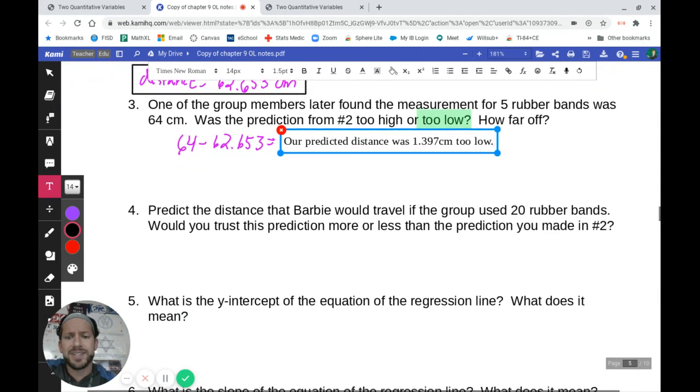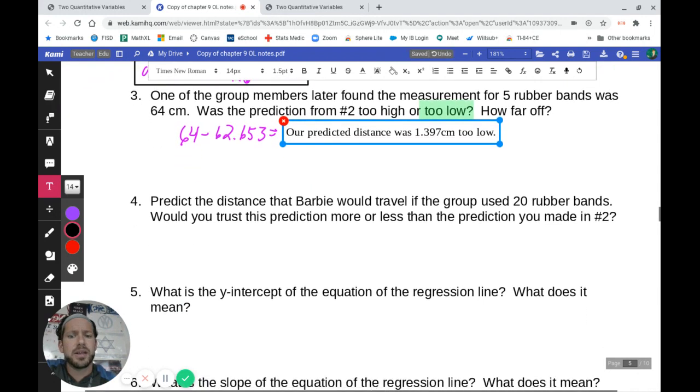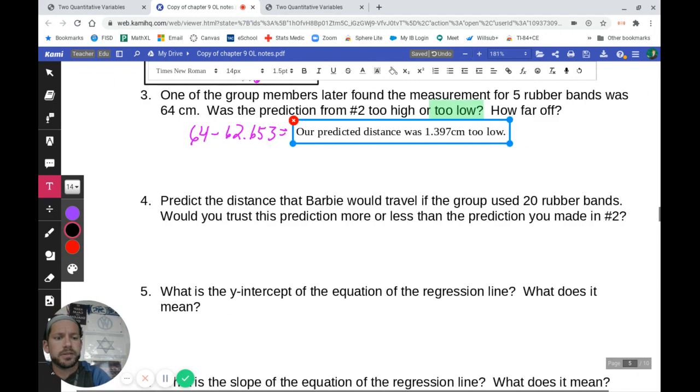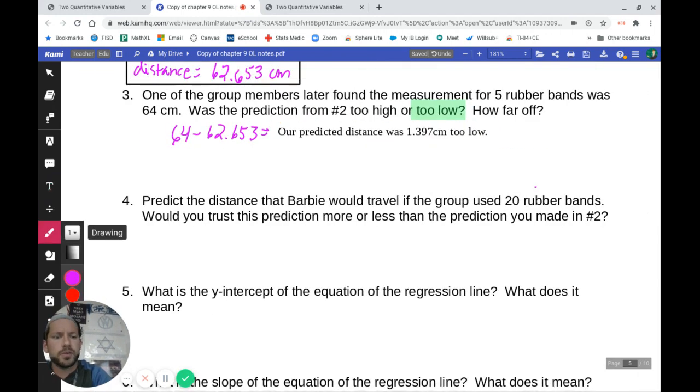So we want to predict the distance that Barbie would travel if the group uses 20 rubber bands. So if that group is using 20 rubber bands, that tells us our new x value is 20 rubber bands. So let's go figure that out.